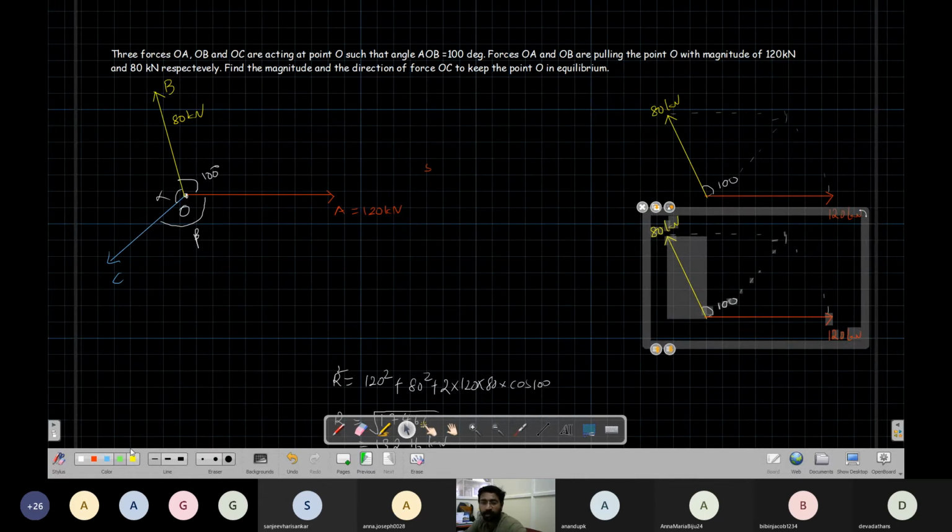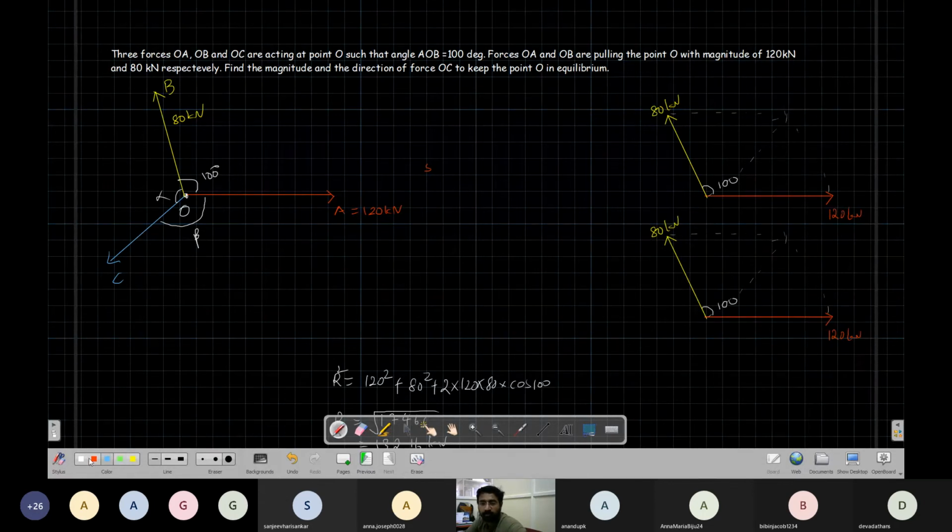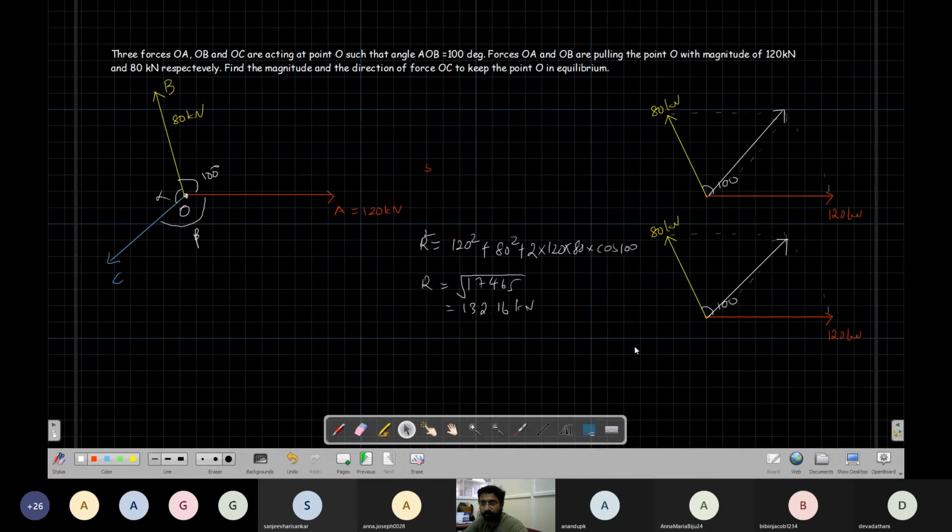So this I can replace by some force like this, whose magnitude is this. And the magnitude is this value, 132.16. So these two forces I am replacing by some force.